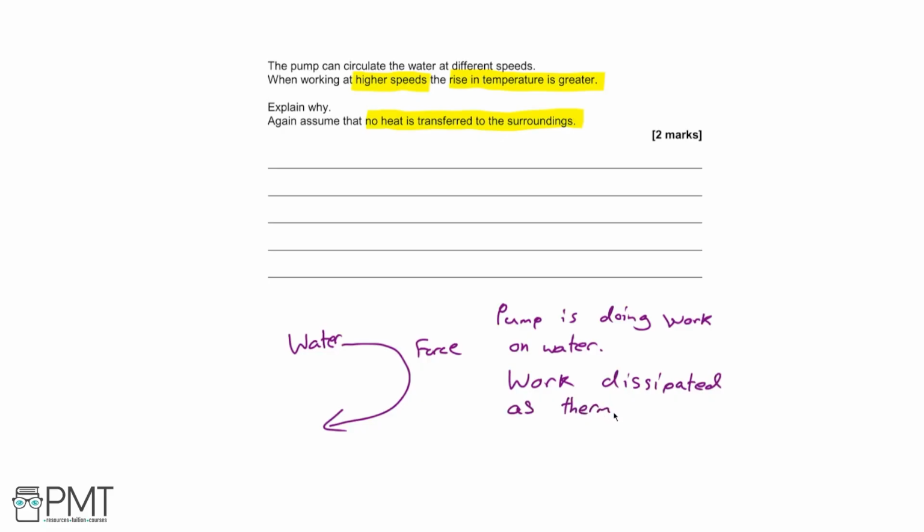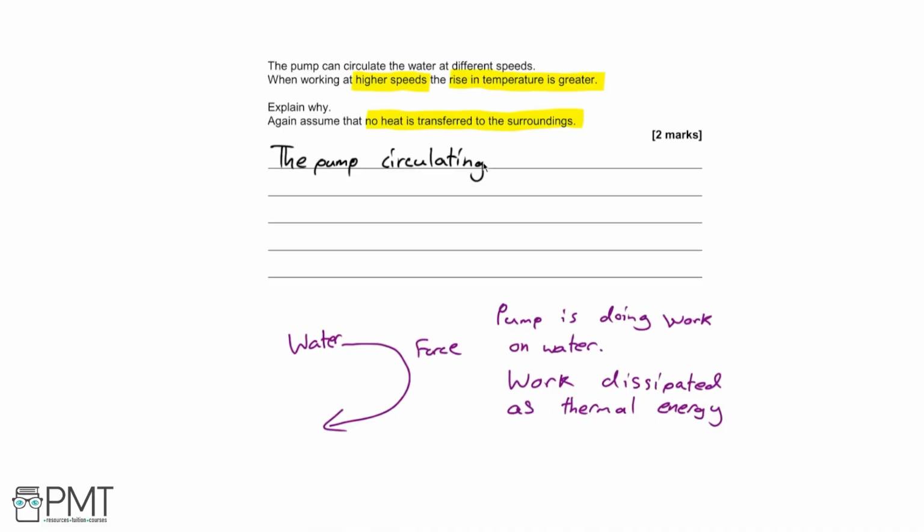Therefore, as the pump moves faster, it's doing work more quickly on the water, and this work, which turns into kinetic energy of the water, is soon dissipated as kinetic energy of the water molecules, and so the mean kinetic energy of the water molecules rises. This leads to the temperature rising. Therefore, the work has been dissipated as thermal energy. If the pump moves faster, then more work is done in total. Therefore, this temperature rise is higher.